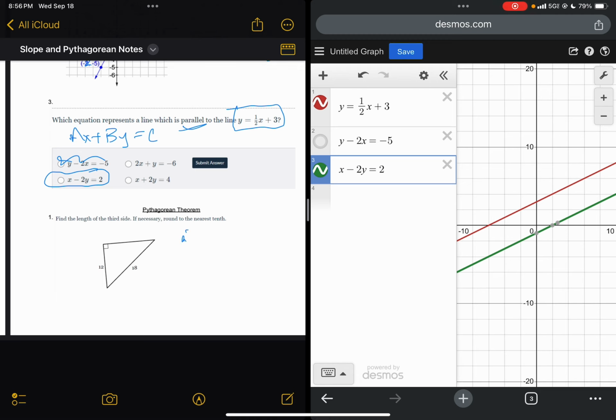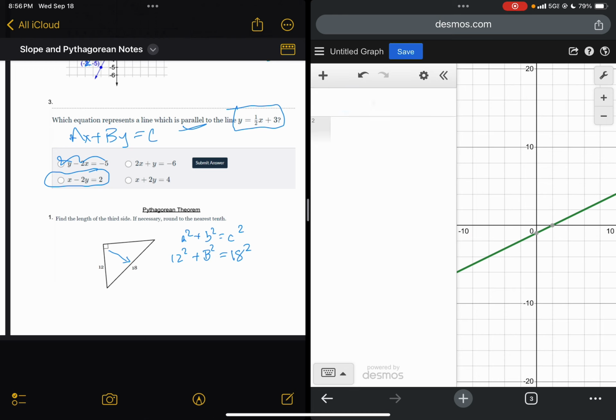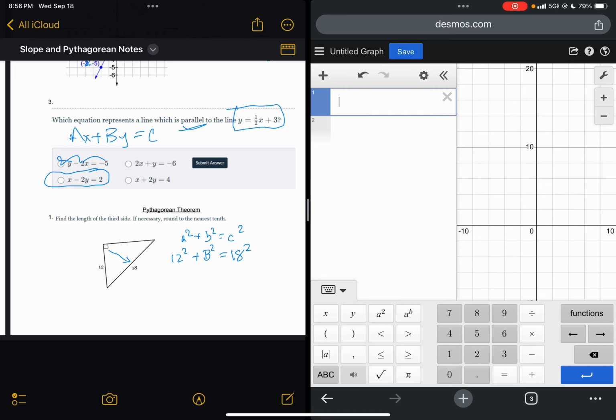Okay, Pythagorean theorem. I have a squared plus b squared equals c squared. My leg is 12 squared plus, I'm going to make that a capital B so it doesn't look like a 6. And my c is always directly across from my right angle, on the longest side. So that's going to be 18 squared. 12 squared is 144 plus b squared is equal to 18 squared, which is 324.